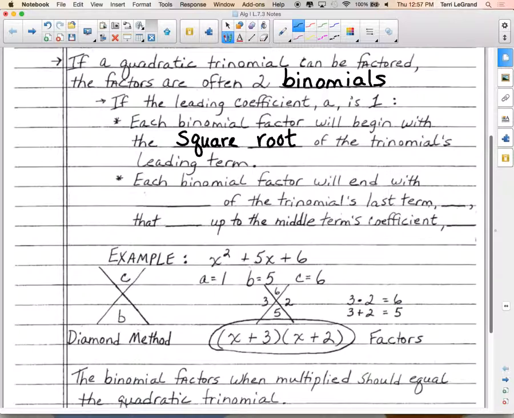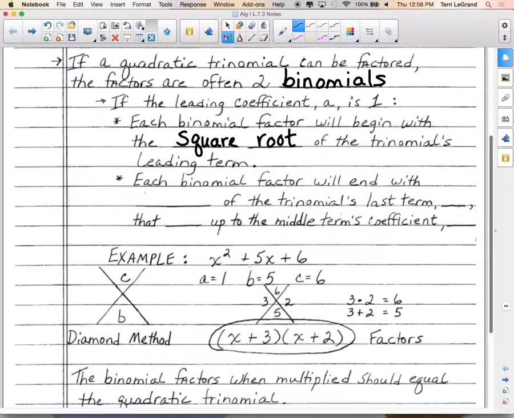What does square root mean? If I ask you to find the square root of something, I'm asking you to find that number that would be multiplied by itself to get you the thing you're finding the square root of.